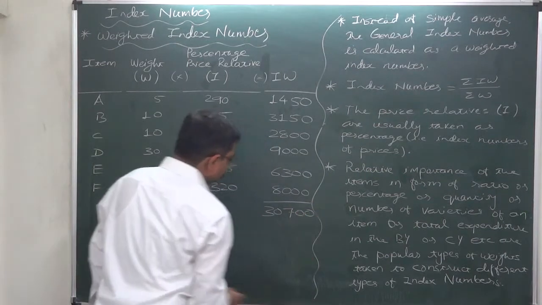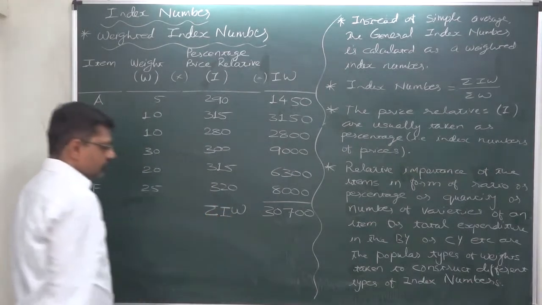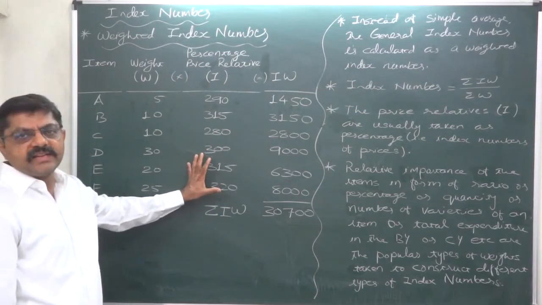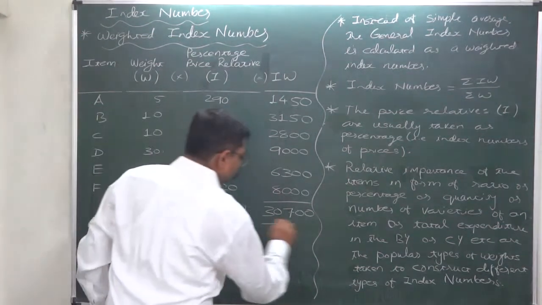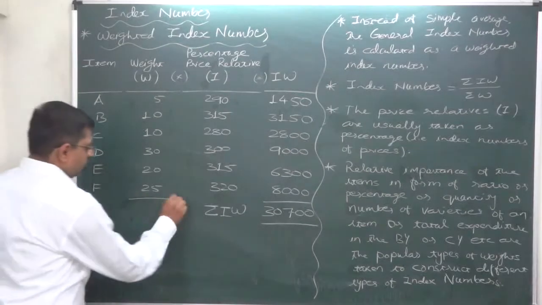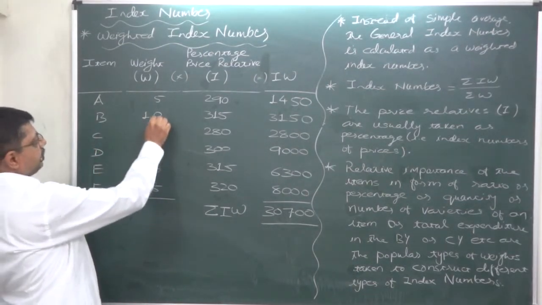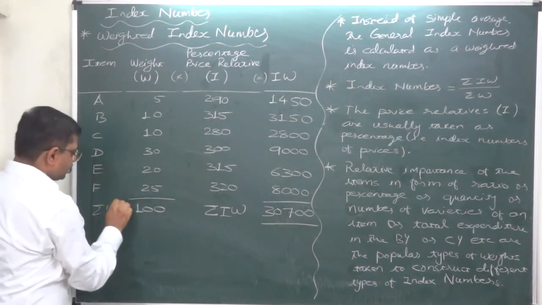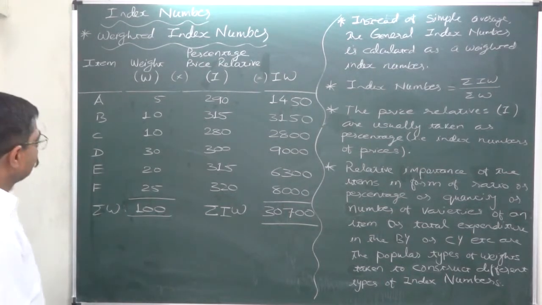This 30,700 is called sigma IW, the summation of weighted values of price index numbers of the items. But you or I need not say this long thing. Now the weights: 45, 75, 85, 95, 100. This seems to be some percentage, but don't bother about that. Just get the summation of weights.